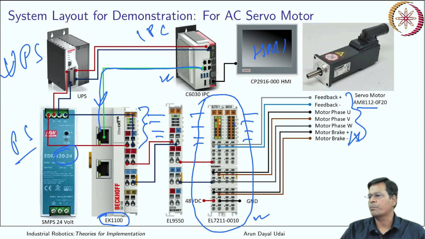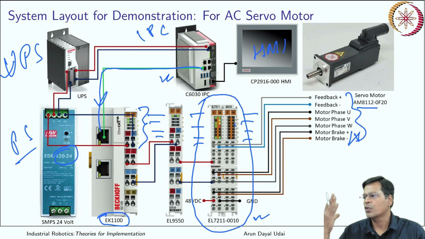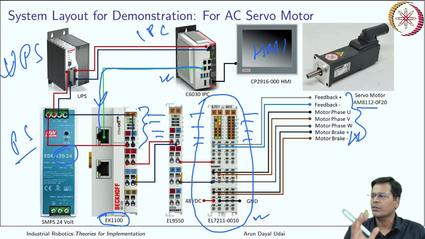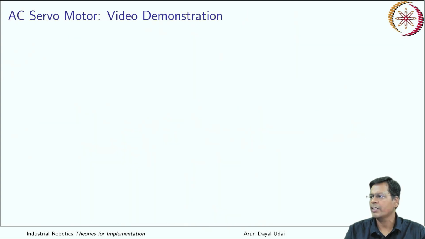Even without a brake, if you stop rotating your magnetic field, your field remains in its place with a given power and your rotor can be halted anywhere it is while rotating. So even without a brake, you can have some kind of holding torque. If that is not sufficient for safety reasons, when the power goes off, in that case you have to apply physical brakes. So this is the arrangement.